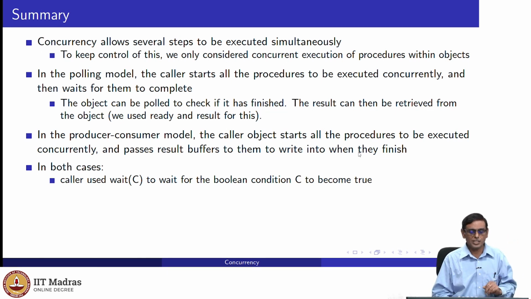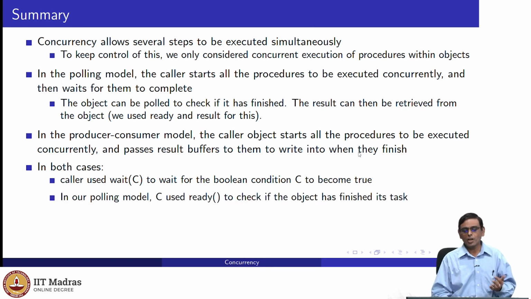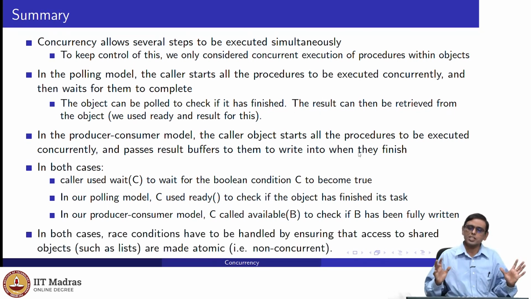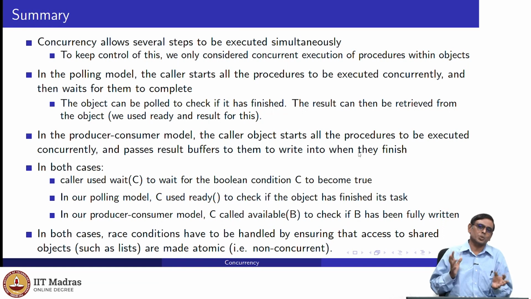In both cases, there is a wait that is going on. In the polling model, we use ready to check, whereas in the producer consumer model, we use available to check. Okay, so it's kind of similar, right? And in both cases, we had this issue of atomicity. We have to make sure that for the list operations, two things can't be going on at the same time. One guy is writing the list, another is reading the list. This doesn't happen.